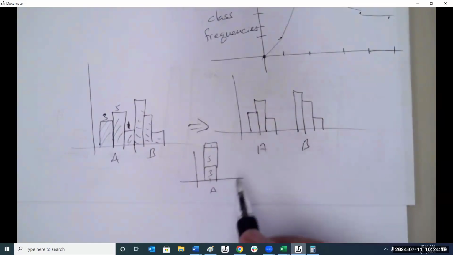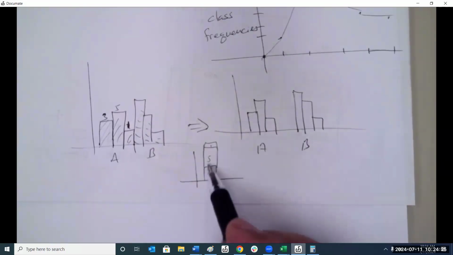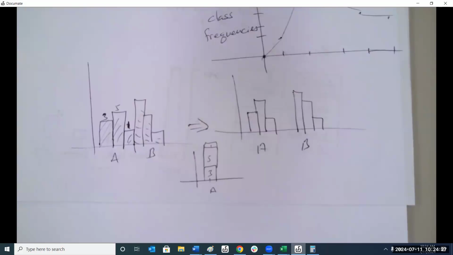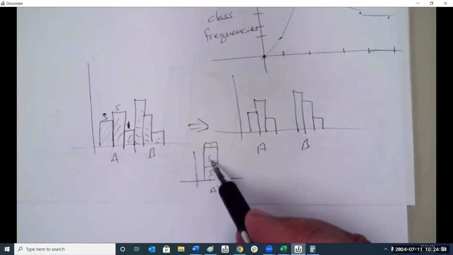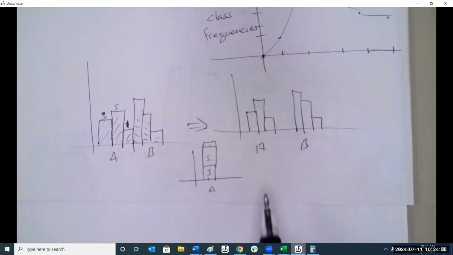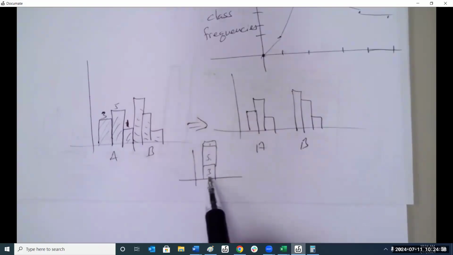So all of these are whatever A is, but the length of them tells you how much you have, and they have the number inside of them. It makes you have to think more, which I'm not too crazy about, but it saves space. And these are usually different colors. Whatever the first outcome is, that's red, and blue and yellow, whatever you want. But these are different ways you can do them.